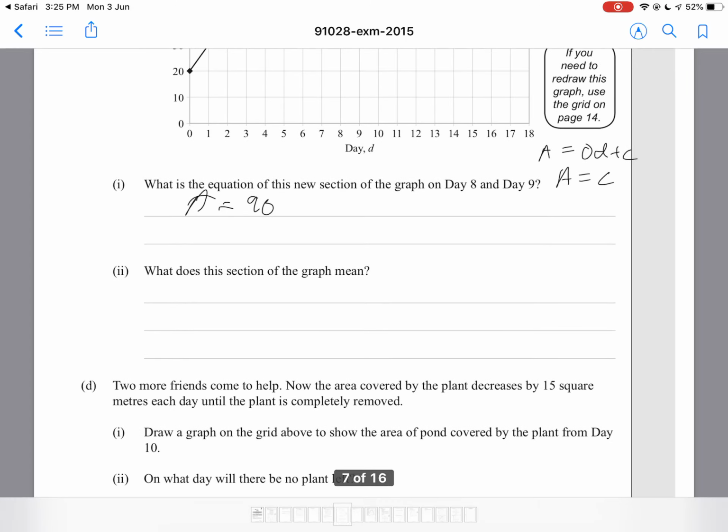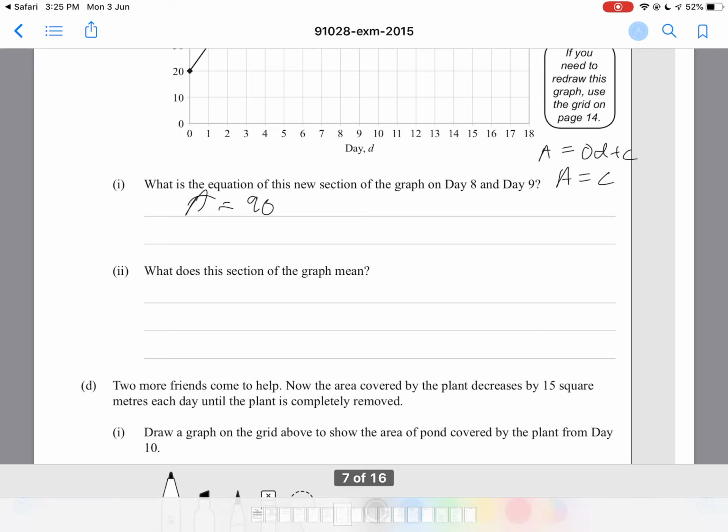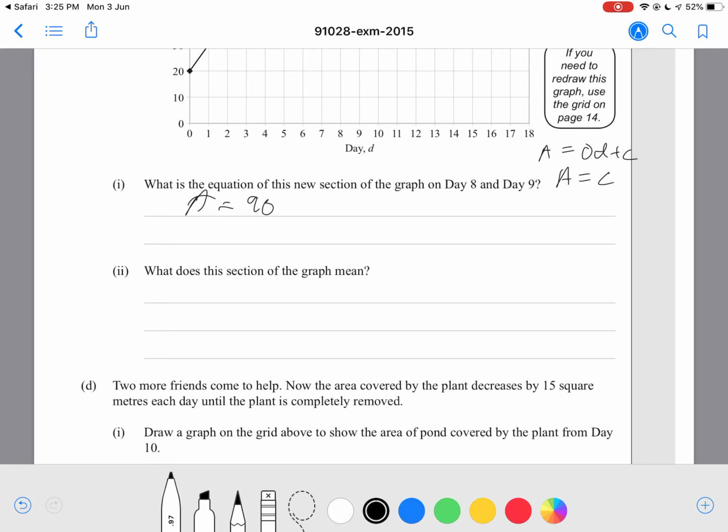Okay, so what does this section of the graph mean? It means that the area is staying the same. So each day the plant is growing, but then Hank and his friend are also removing the plant. So how fast Hank is removing the plant is the same as how fast the plant is growing.